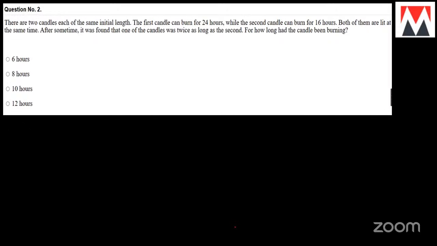Take the first candle, which can burn for 24 hours. If you take the length of the candle as x centimeters, in 1 hour it will melt x by 24. This is for the first candle. For the second candle, in 1 hour it will melt x by 16.